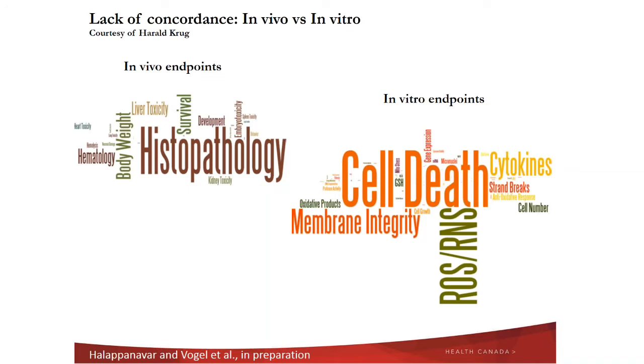As you can see, in vivo, organ toxicity is mainly targeted by endpoints such as body weight and histopathology, which are basically the endpoints of relevance to regulatory decision making.